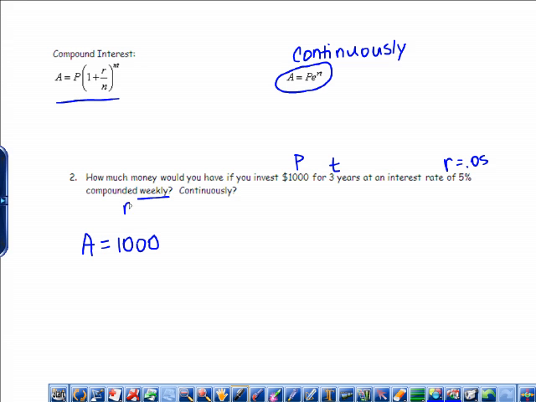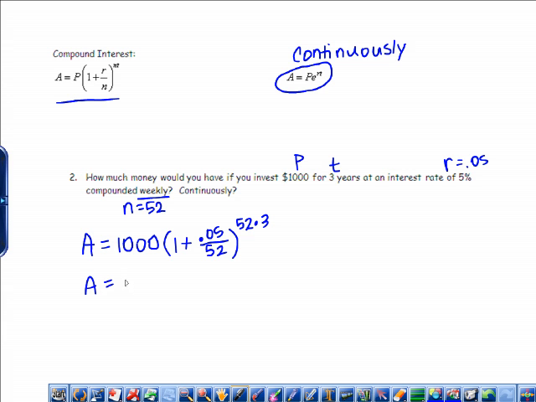Now compounded weekly, how many weeks are there in a year? There are 52. So this N is the number of times the interest is compounded in a year. The more often, the more money you will make. So let's do parenthesis 1 plus 0.05 divided by 52, and we're going to take this to the 52 times 3 power.